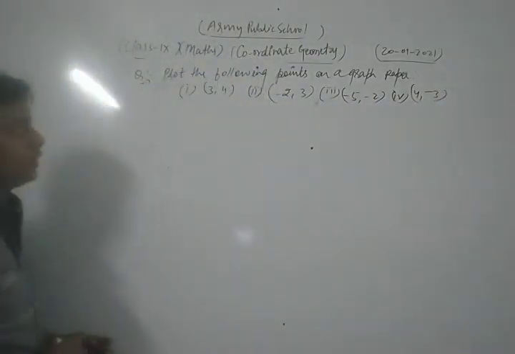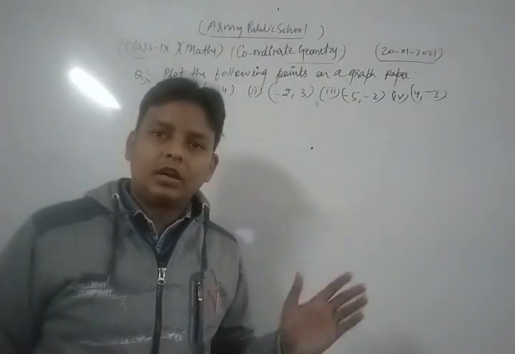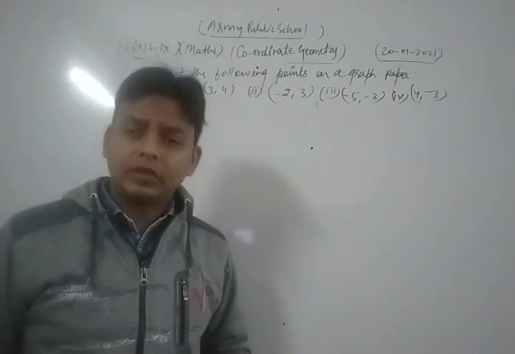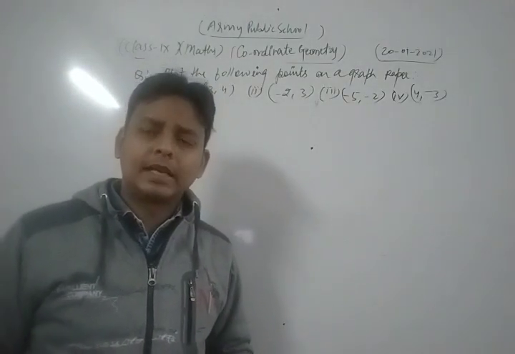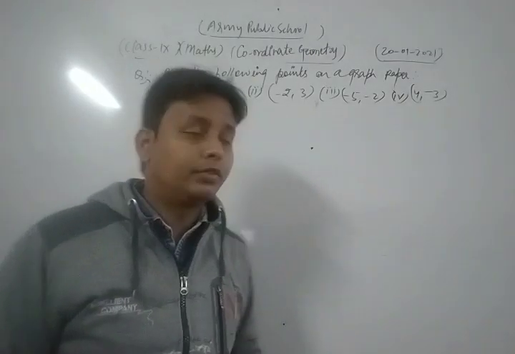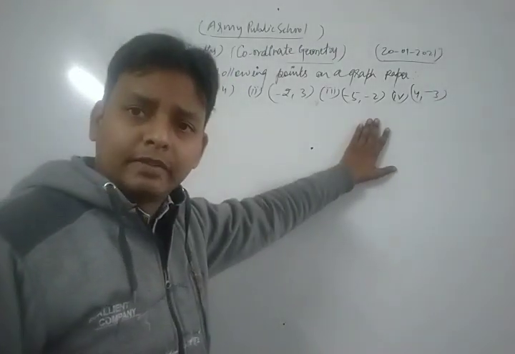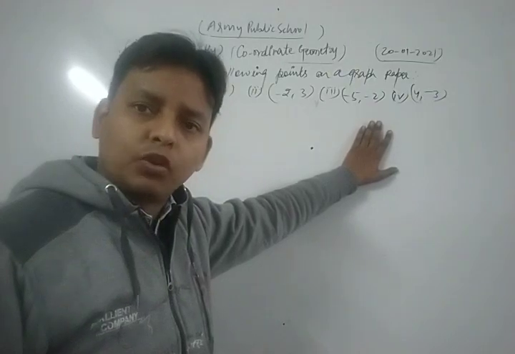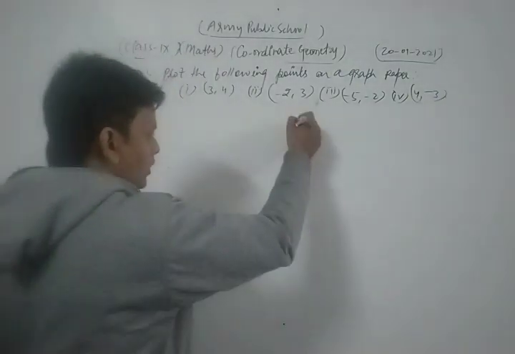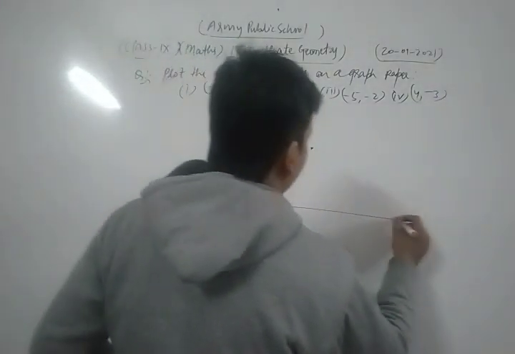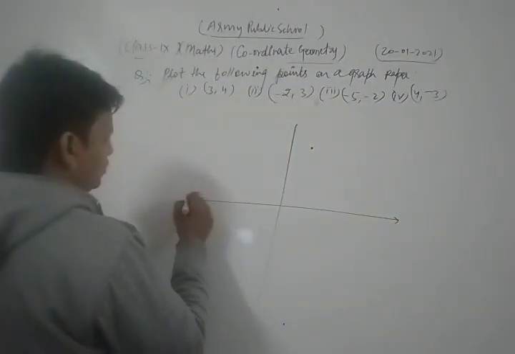Dear student, in that question we plot all these points on the graph paper. So first of all, on the same graph paper we plot all these 4 points. First we draw two mutually perpendicular lines, as you know very well.